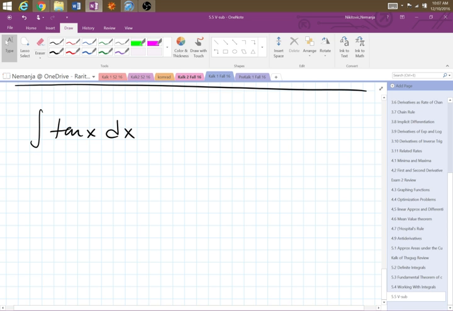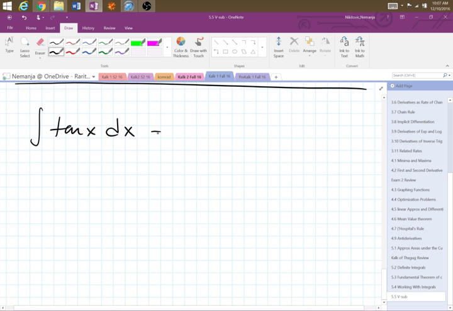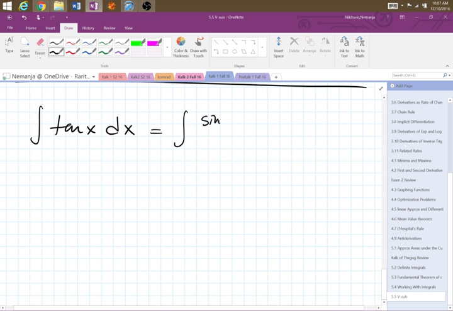So to solve this problem, we say integral of sine x over cosine x dx. And as I mentioned before, I know that the derivative of sine is cosine, derivative of cosine is negative sine, which I can fix. So either one of these can be u, because they both produce the derivative. However, if I pick sine as u, then the du, which is cosine, ends up in the denominator.